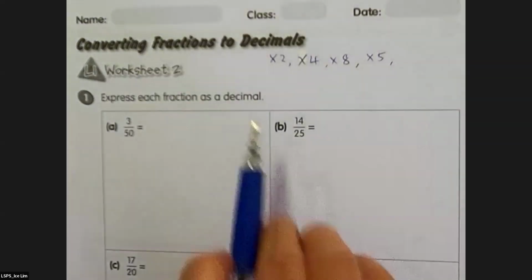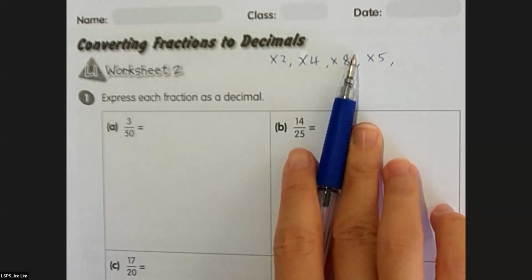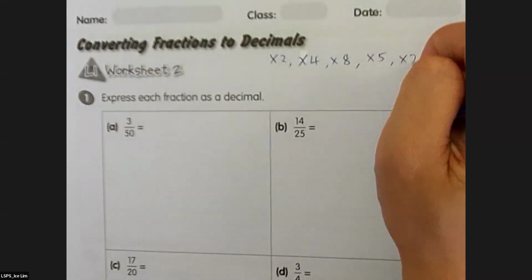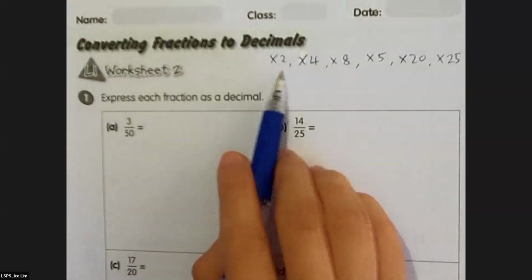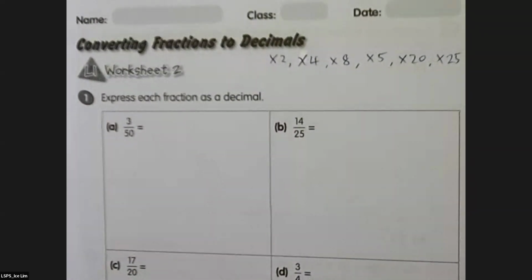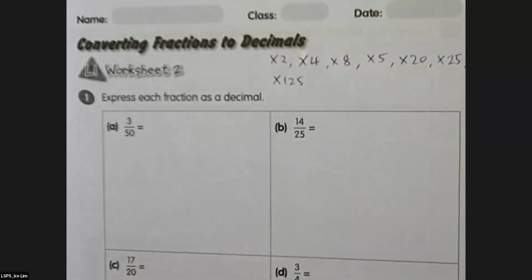No. Times 2, times 4, times 5, times 8, times 20, maybe times 20. What else? Times 25. Why? Because these are all possible ways to convert the denominator to 10, 100, or 1000. Okay, very good. Times 125. Any more? Times 50. Okay, very good.